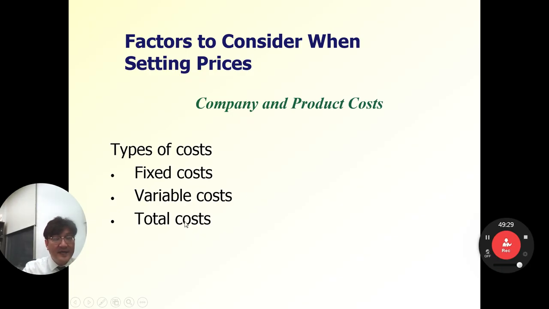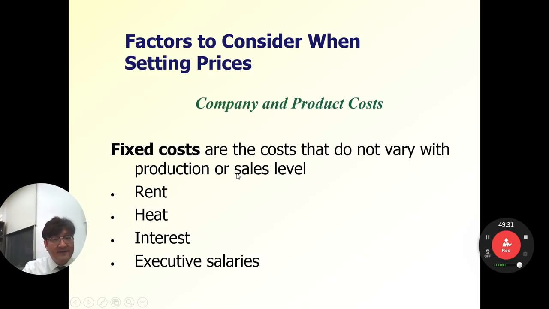So what is the fixed cost? Fixed costs are the costs that do not vary with production or sales level, which means it doesn't matter how many units of the product you make. The fixed cost is fixed. Even if you make 100 units or 1,000 units, fixed cost does not vary.